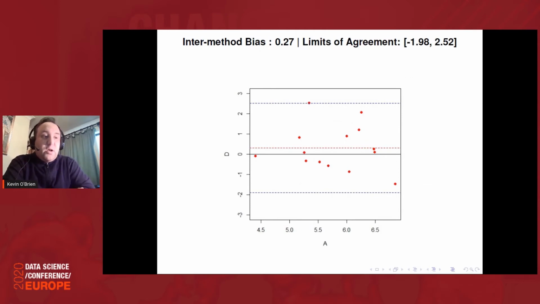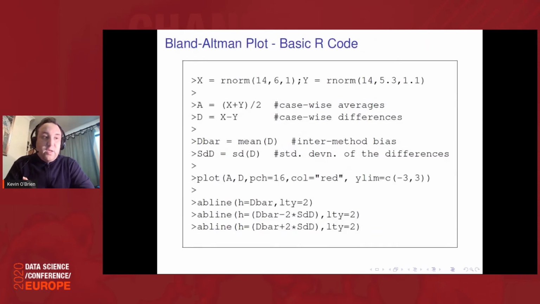It's a depiction of the case-wise averages for a pair of measurements compared to the case-wise differences. So the average of 2 paired measurements versus the difference. It's very simple to construct, and this is all the R code that was needed to construct that.